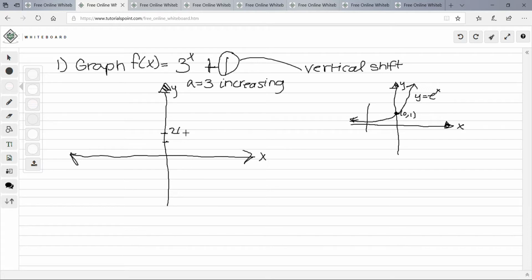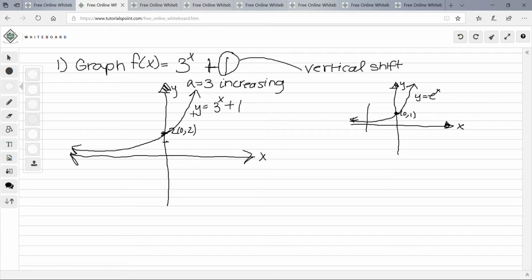Our y-intercept is (0, 2). So it's going to look something like this. This is your y equals 3^x plus 1.